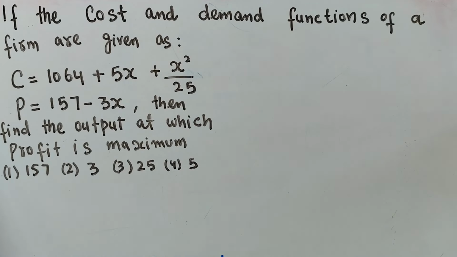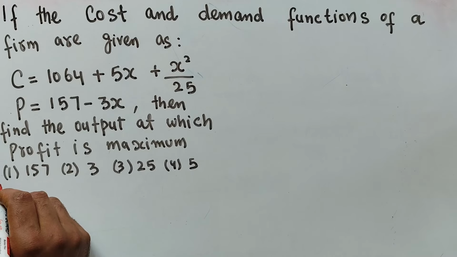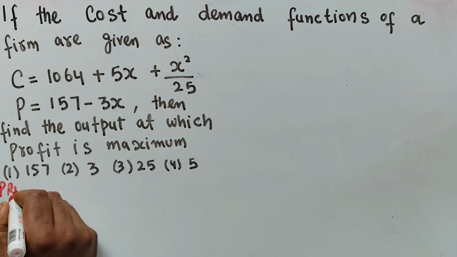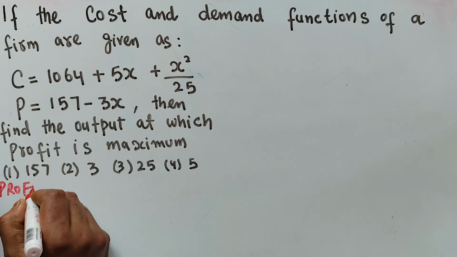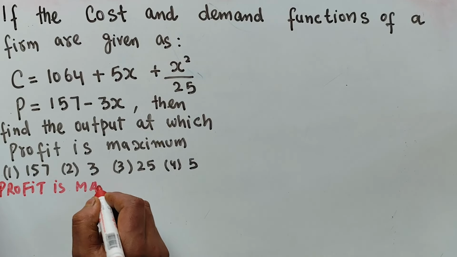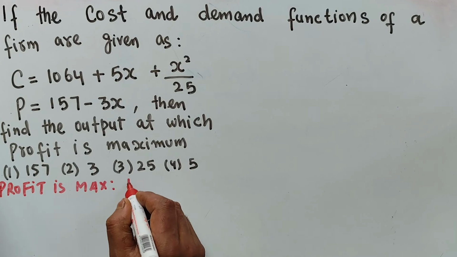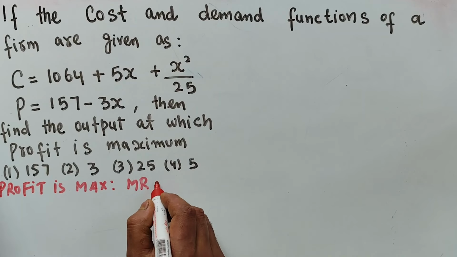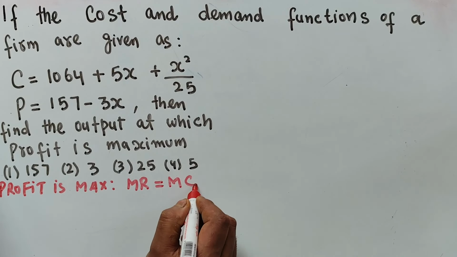Okay, so given this cost function and demand function, we know the condition for profit maximization, that is profit is maximum when marginal revenue of a firm is equal to the marginal cost of the firm.